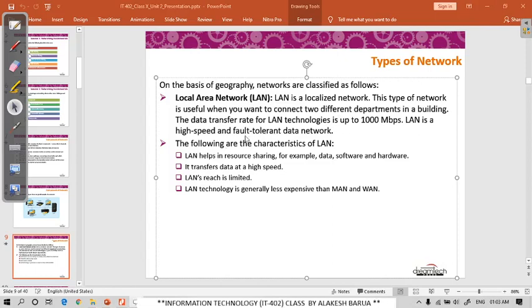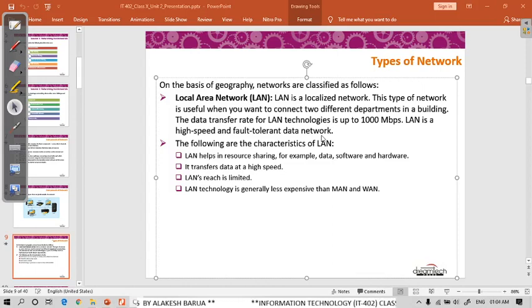Now LAN is a high speed and fault tolerant network. You all know high speed. What is a fault tolerant data network? It means if any sort of error occurs while transferring data in that network, then if the computers are connected in a LAN, that can be diminished or reduced.